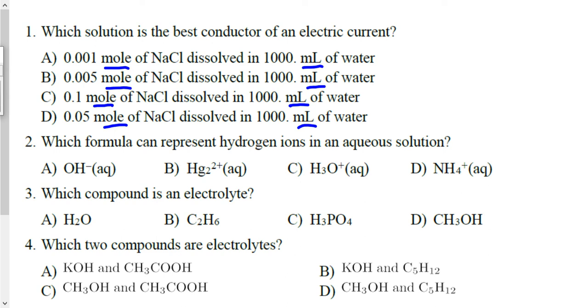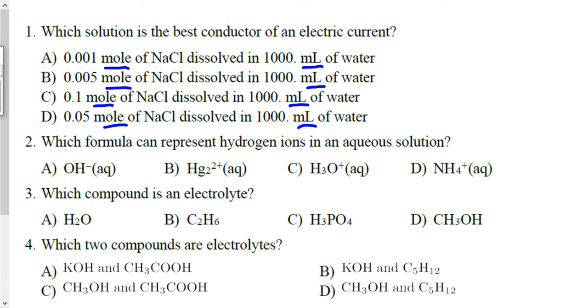If you're thinking about electrolytes, most probably you are in the right direction. We know that acids, bases, or ionic substances are good electrolytes. If we have more ions in a solution, then we will have a better conductor of electric current. If we have fewer ions in a solution, we'll have a poor conductor of an electric current. So out of those four options, we have to figure out which one has more ions in solution.